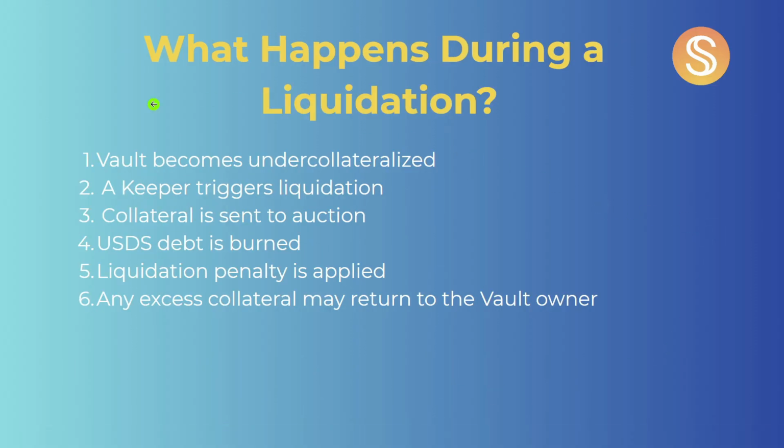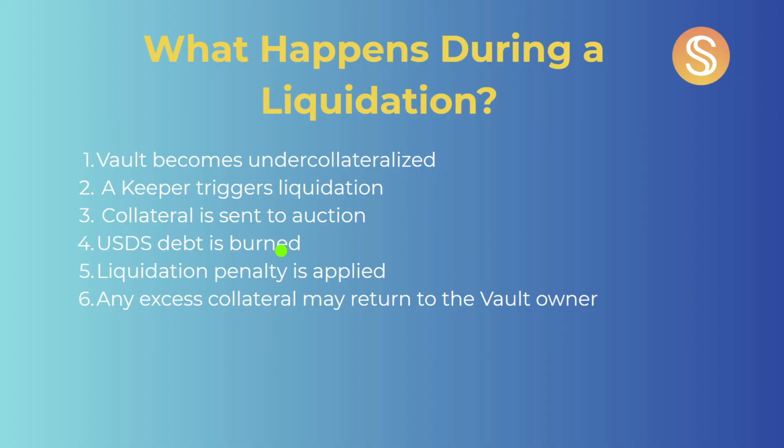What happens during a liquidation? The vault becomes under collateralized, a keeper triggers liquidation, collateral is sent to auction, USDS debt is burned. So bear in mind that when we mint USDS, because we are providing collateral to the protocol, we are generating new USDS tokens.